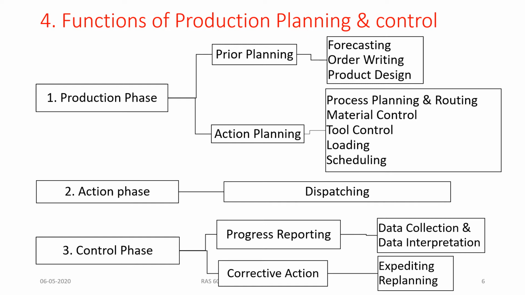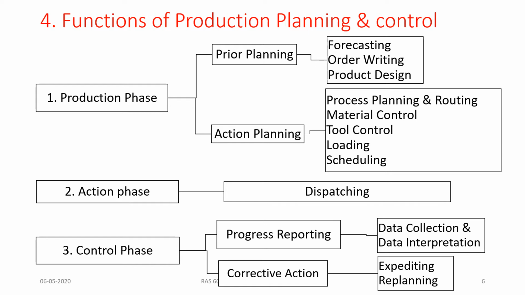When we talk about on paper functions, there are certain planning related functions, like prior planning, which can be done on the basis of forecasting or estimation technique, order writing or prescribing the consumer's demand, and product design, that is, specifying the features embedded in the product. All these things come under the category of prior planning.